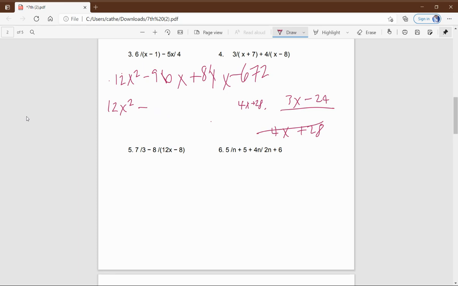Okay, we can simplify this. That's what we got for the last one. We can simplify these. 96 plus 84. Simplified for about this.